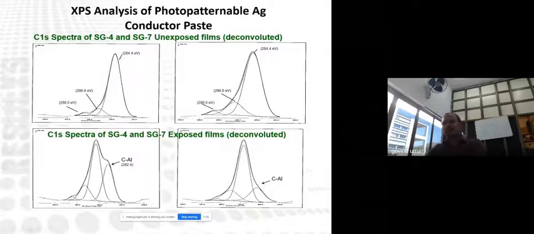Then, of course, XPS: we have studied how the surface changes when exposed to UV light, and how the cross-linking takes place, using XPS analysis. See the C1s spectra, the carbon spectra.